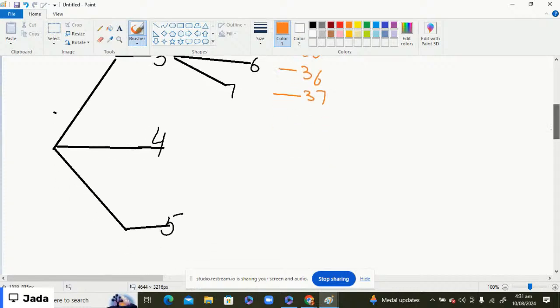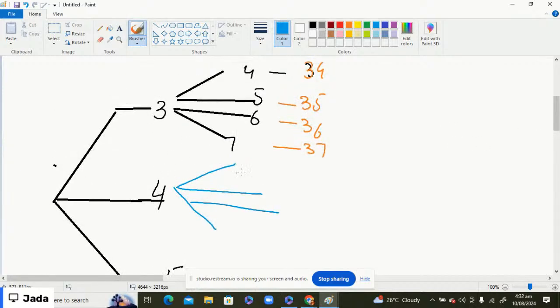Now when we move to the 4, let's do it for the 4, there are 1, 2, 3, and 4 branches. For the first one, put 4, 5, 6, and 7.